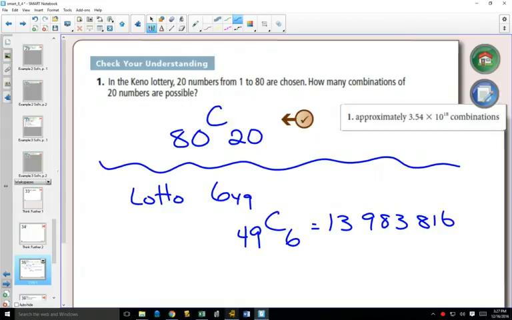Because I'm going to buy every single combination and guarantee that I win Lotto 6/49. It's true. If you want to win Lotto 6/49, you can guarantee it. You can buy all 14 million at $4 a pop. It'll just cost you around 56 million. Just ask the bank. I'm sure they'll be more than happy to give you 56 million to win the lottery. They won't look at you like you're crazy.